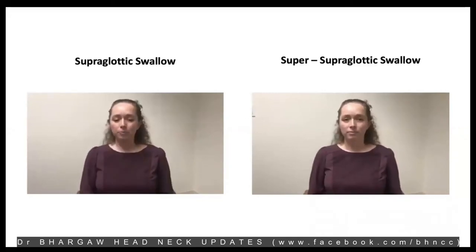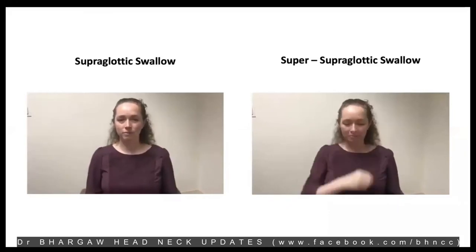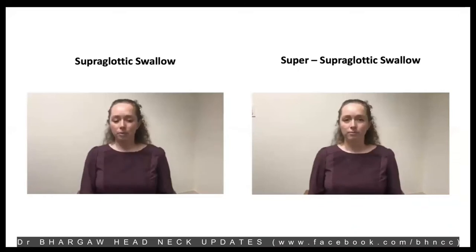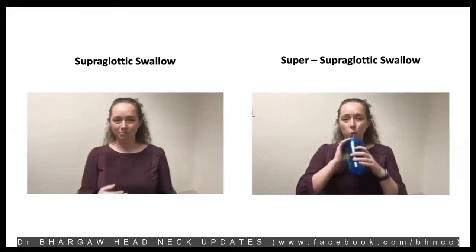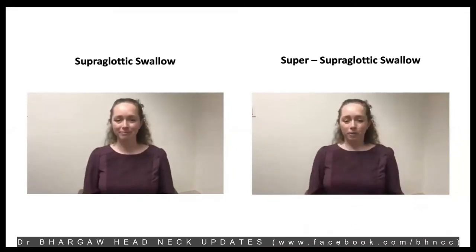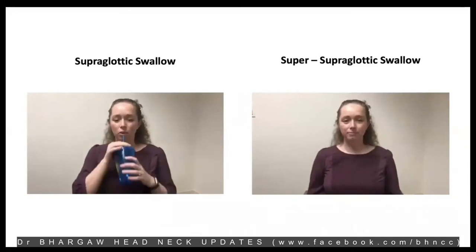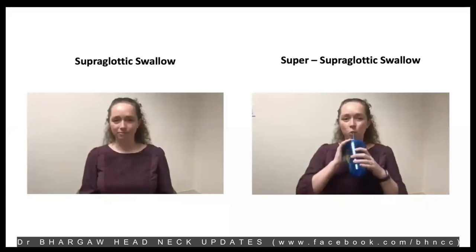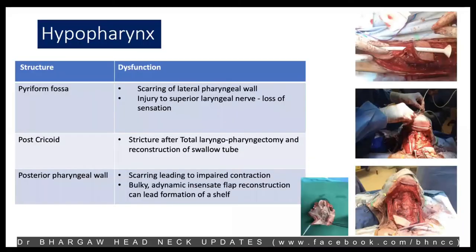Elderly people understand how to do the super-supraglottic swallow more easily than the supraglottic swallow. So you take the food bolus in the mouth, hold your breath, bear down, swallow, and then cough, and again swallow. That's the supraglottic swallow.